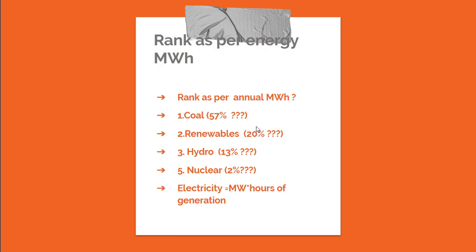and this is an assignment for you, you can just plot the rank and the contribution of these five major power plants in terms of energy. So you'll find that the contribution of renewables would be quite less.